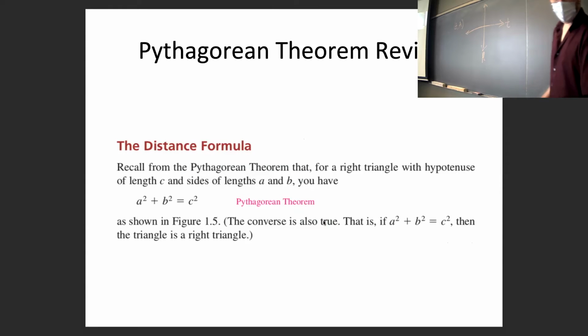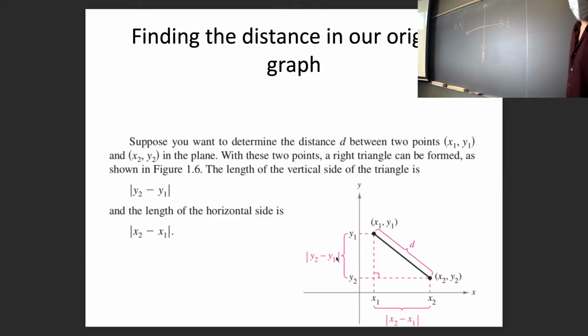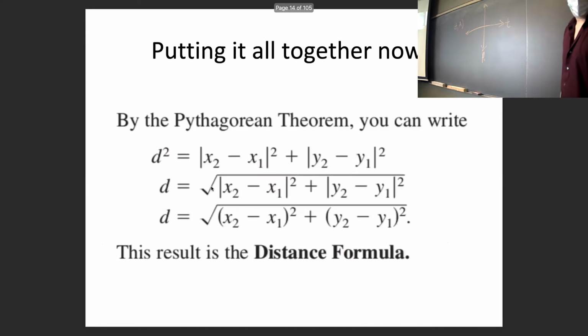So what the Pythagorean theorem tells us is that a squared plus b squared is equal to c squared. We all know this. We can apply it here: if you square the absolute values of the difference of x and the difference of y and then take the square root of their sum, that'll give you the length of d.